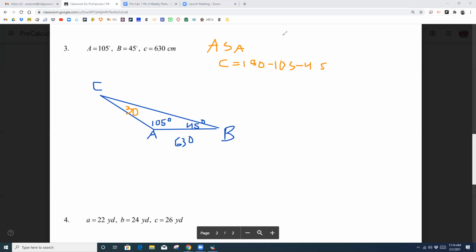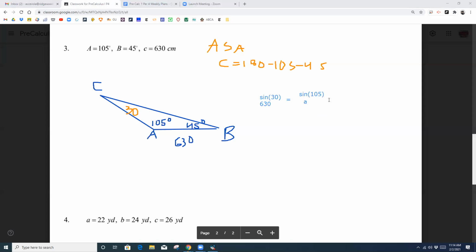So you could say, like, the sine of 30 divided by 630 is equal to the sine of 105 over side A. So you could solve that.